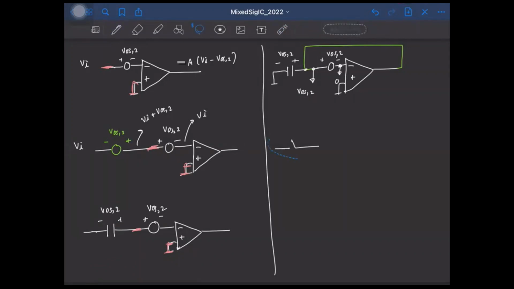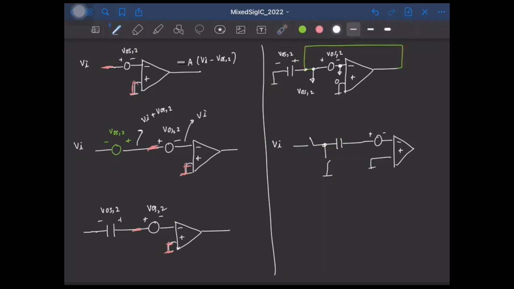So let me just slightly push it here. We'll feed the input like this to the capacitor, and in the other phase, we'll short the capacitor to ground like this, and we have the offset voltage here. Okay, and of course, in one phase, we'll put it in feedback, right?